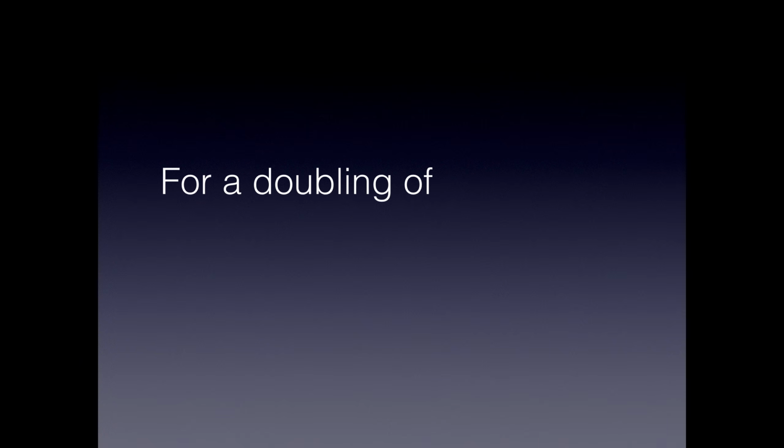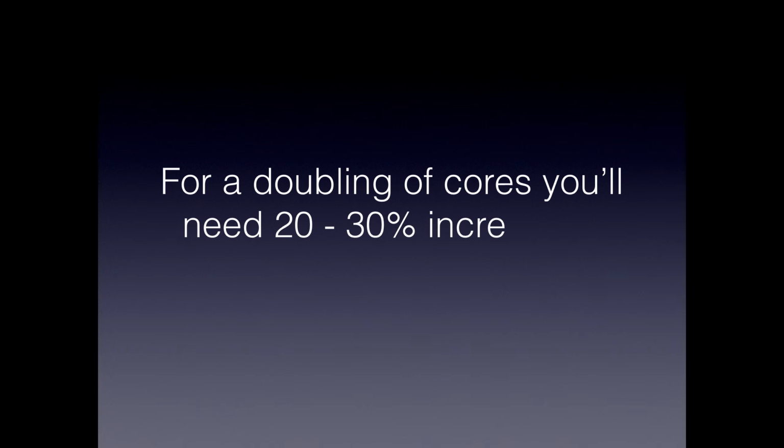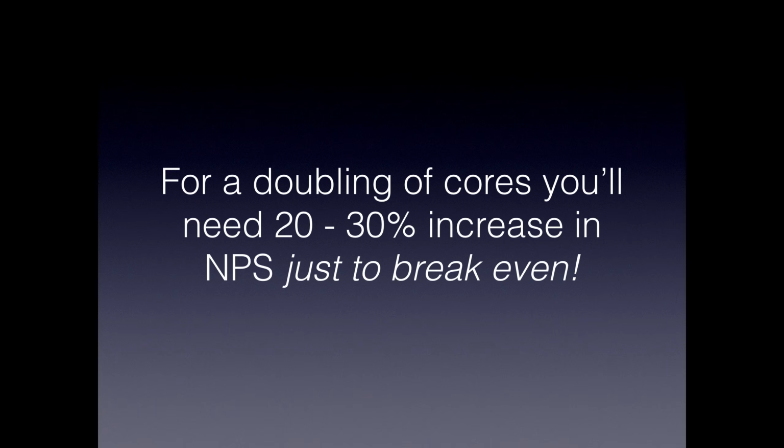Basically, they were saying that for a doubling of cores, you'll need anywhere between 20 and 30% increase in nodes per second just to break even. The point is that as you increase the number of cores, the search efficiency goes down for reasons I explained in Appendix Video 1. So to keep the same speed, you're going to need to increase the number of nodes per second just to break even by anywhere between 20 and 30%.